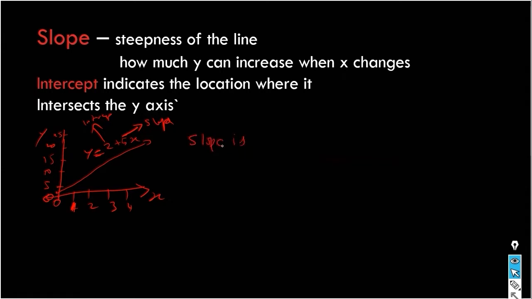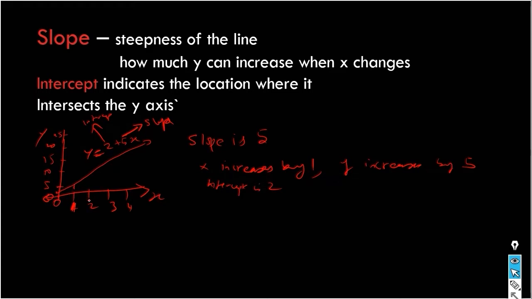Slope is 5, a positive value. So when x increases by 1, y increases by 5, and the intercept is 2. When x increases by 1, it is going to be 5.